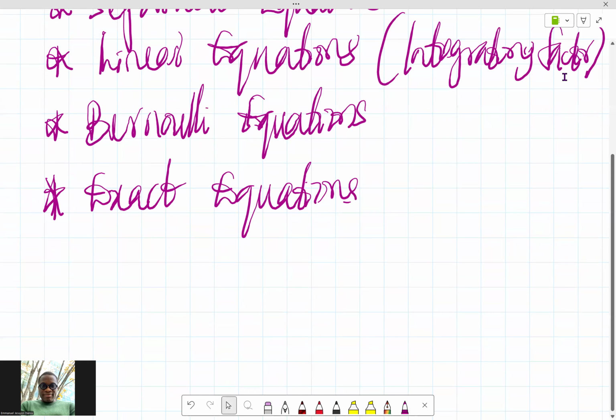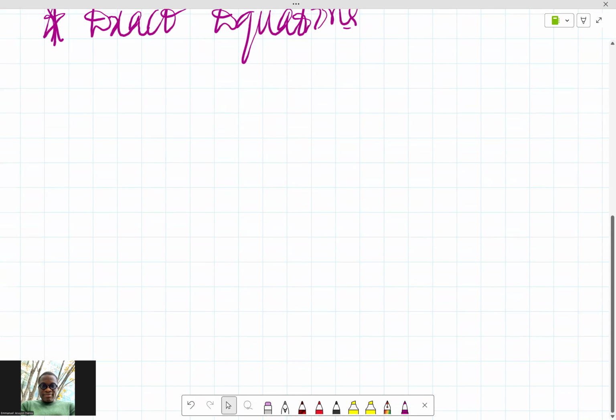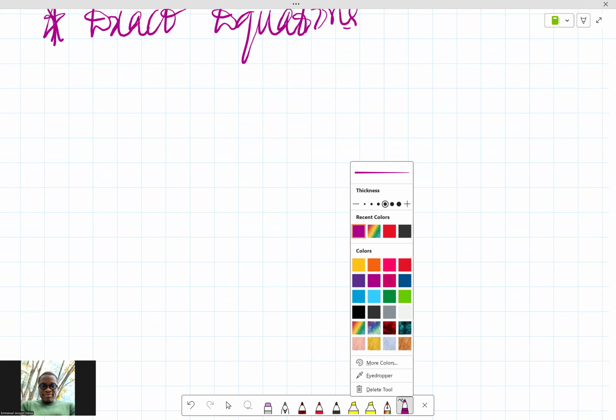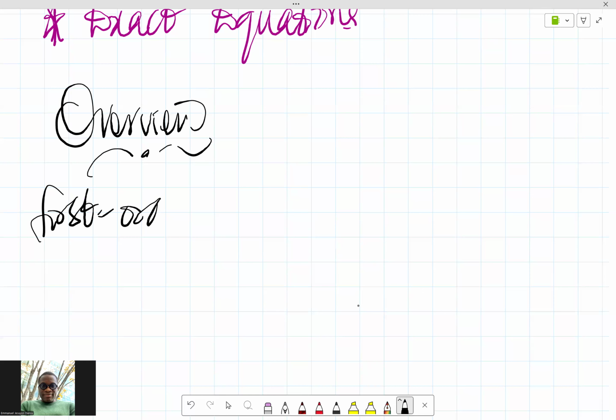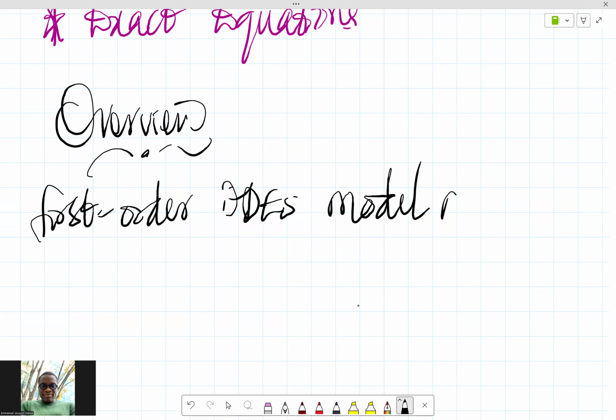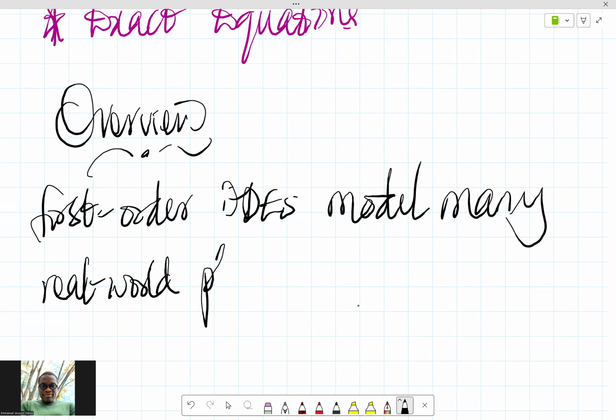What we are going to be considering here is applications of all of this, because differential equations are extremely applicable in real life situations. But first, let's have an overview of the topic itself before we start looking at some specific applications. First order ordinary differential equations model many real world phenomena.